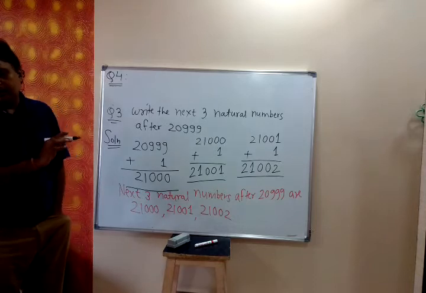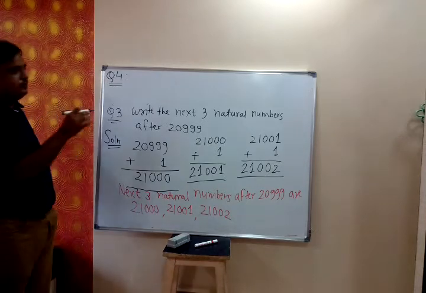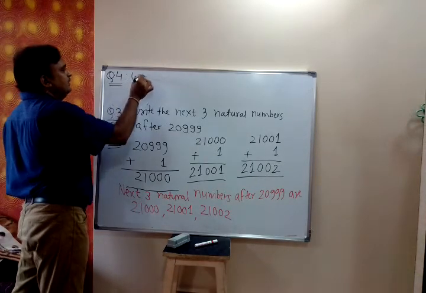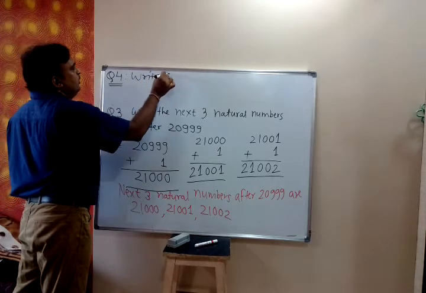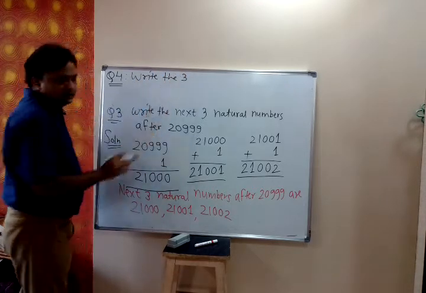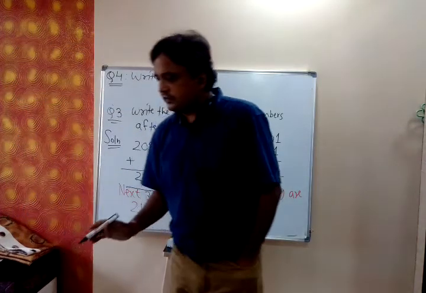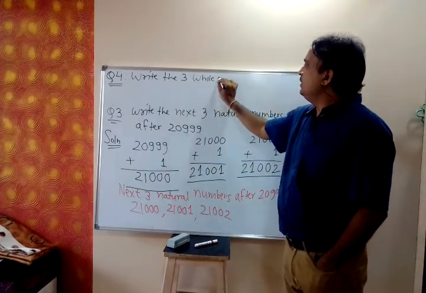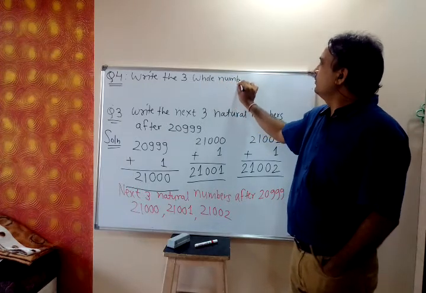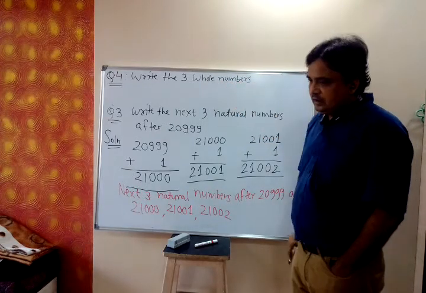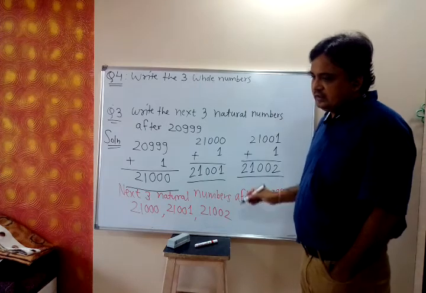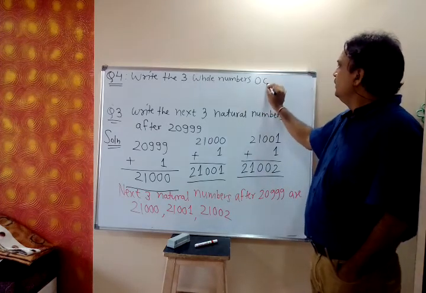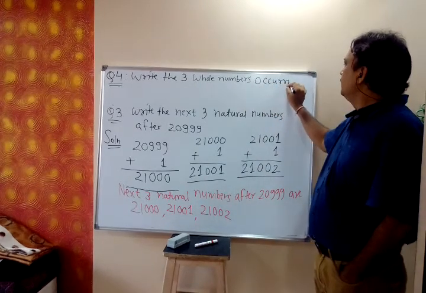Okay. Write the three whole numbers occurring just before.